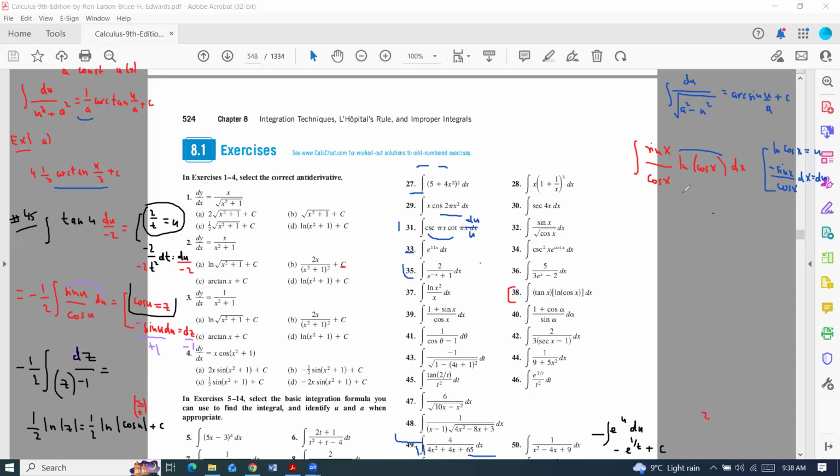So instead of ln cosine, I put du with minus in front, right? And sine over cosine, oh, sorry, ln of, got carried away. Let me get rid of it. My derivative, sine over cosine, is du, right? Not hurry. So this part and that part is my negative du.